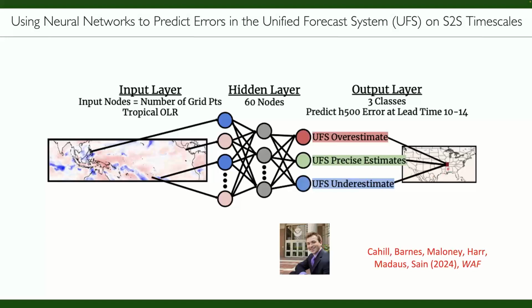We could do this for any specific location in the Northern Hemisphere. This particular map shows a region over Western Kentucky and Tennessee, although for this talk, we're going to concentrate on the Pacific Northwest for looking at UFS forecasts.